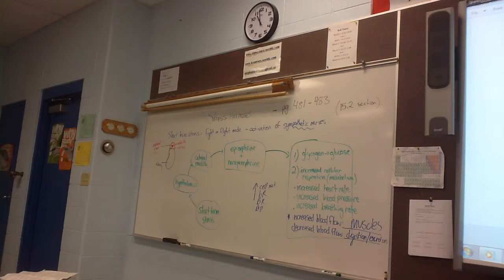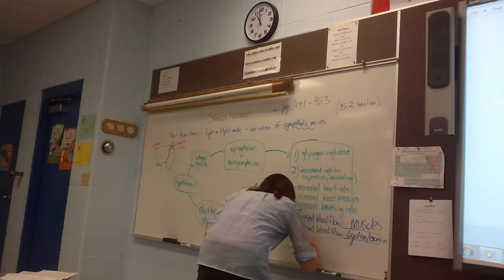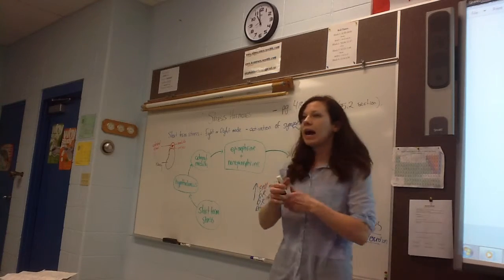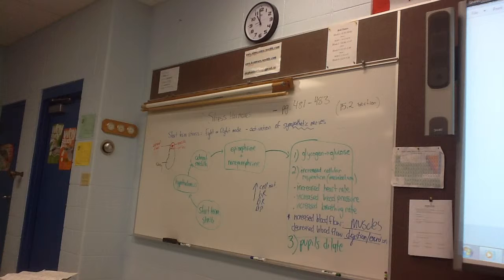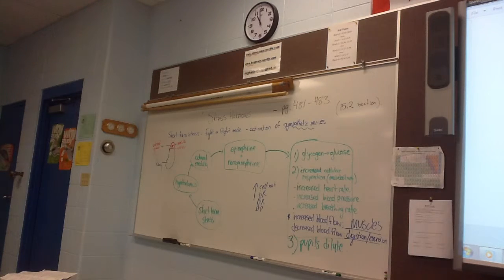Now there's one other thing that happens. It has to do with our eyes. What do you think happens? Yes, pupils dilate. So number 3, we can say pupils dilate. We have a dilation so that we take in more sensory information, right? The larger our pupils are, the more space there is for light to come in. So again, a quick recap, how does your pupil dilate? What moves? Iris.